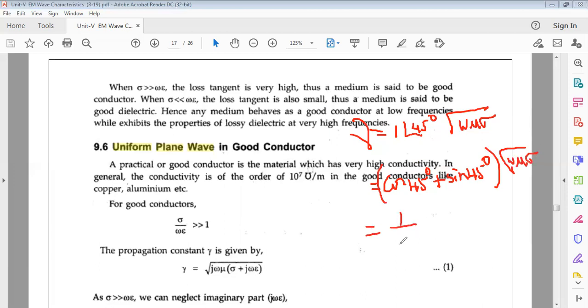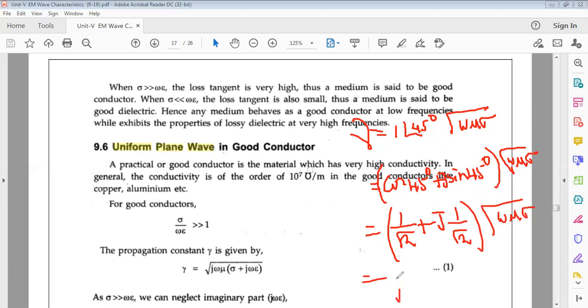What is cos 45 degrees? 1 by root 2, plus j into sin 45 degrees, which is also 1 by root 2, whole multiplied by under root of omega mu sigma. Multiplying under root of omega mu sigma into the two terms, in total we get under root of omega mu sigma by 2 plus j into under root of omega mu sigma by 2.